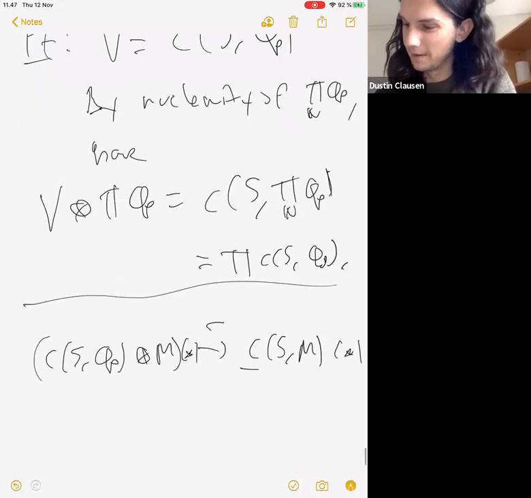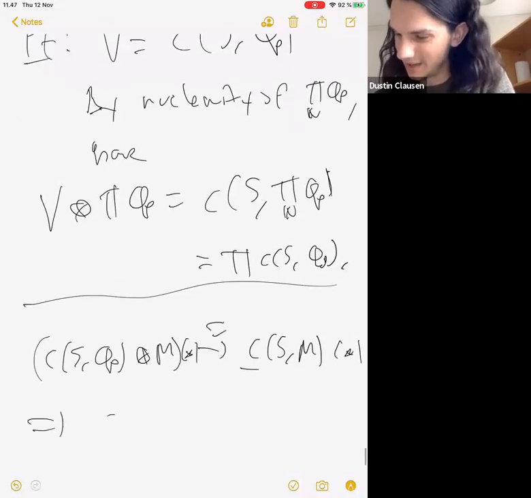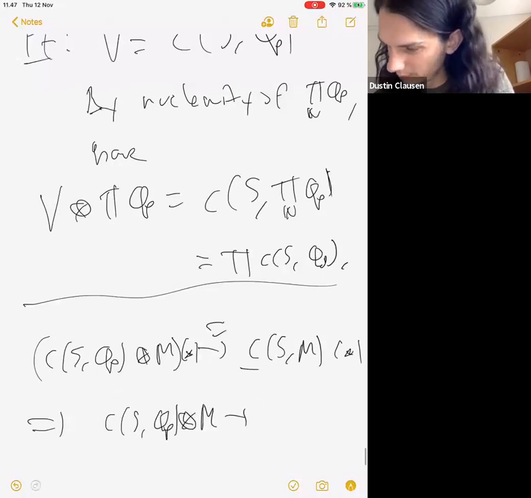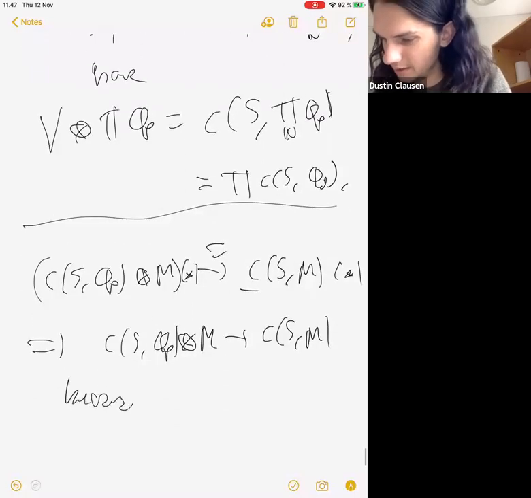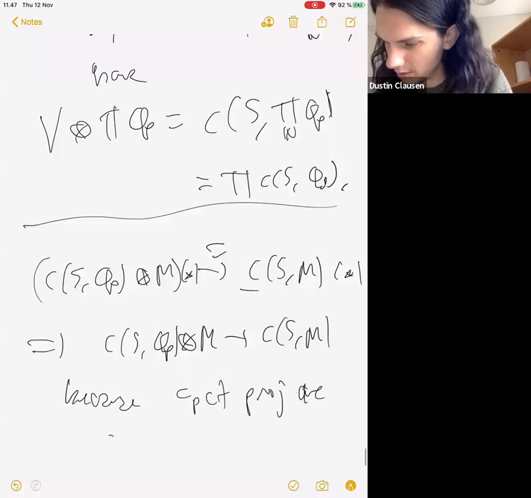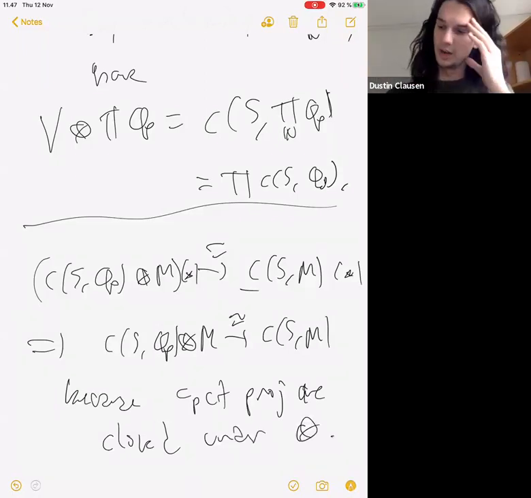But this actually implies the same thing for the general case because of compact projectives. This is an isomorphism under tensor product. All right, so we can rephrase this as the dual of a compact projective.